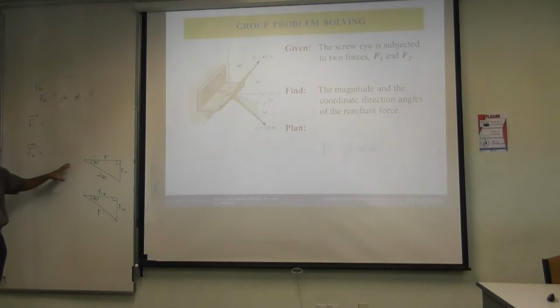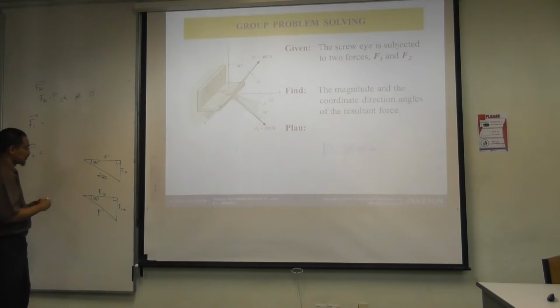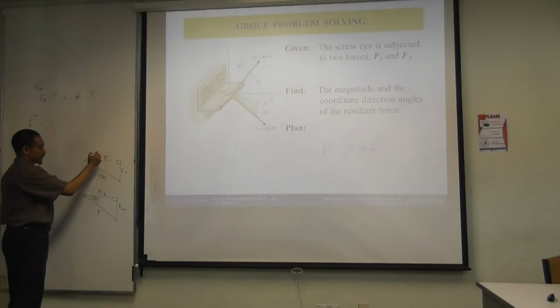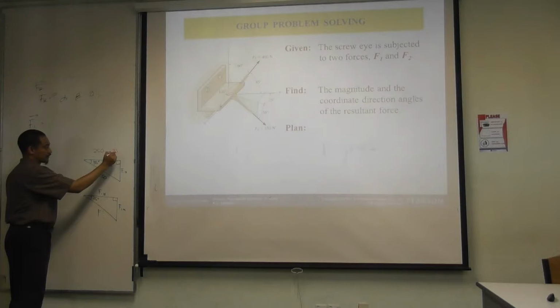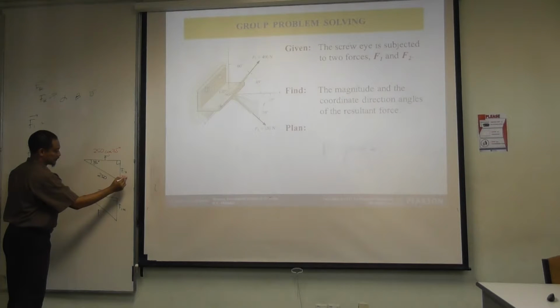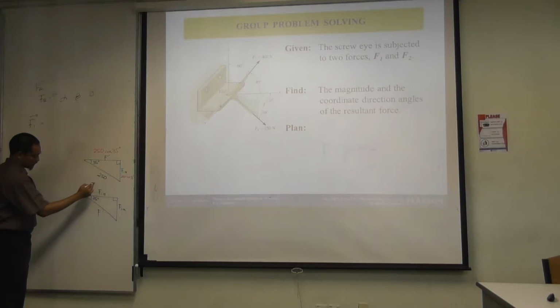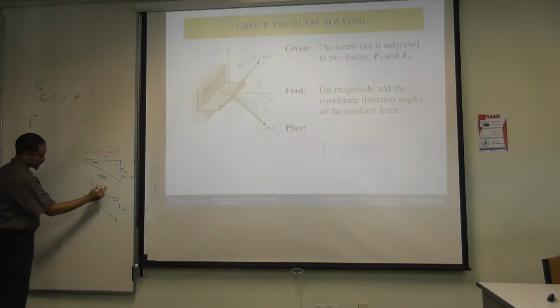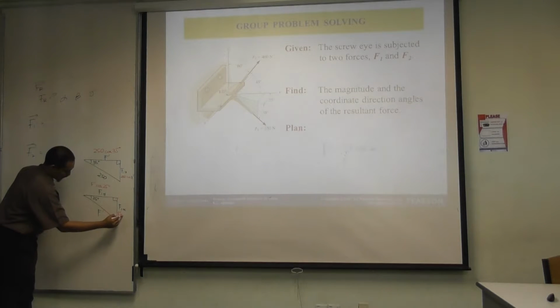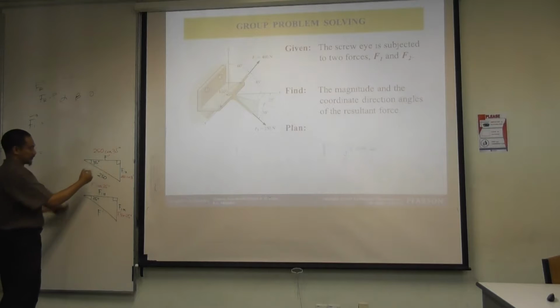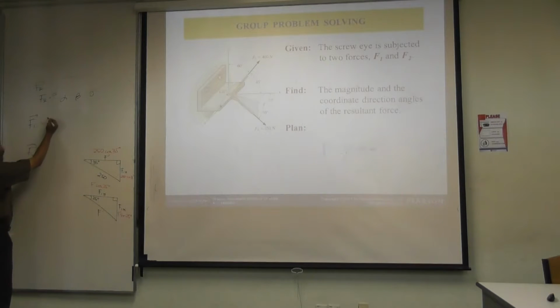How many of you get basically the same triangle? This one is what? 250 cos 35. This is 250 sin 35 degrees, right? So this one is F prime cos 35, F prime sin 25 degrees, and if you plug in F prime, you basically get this.